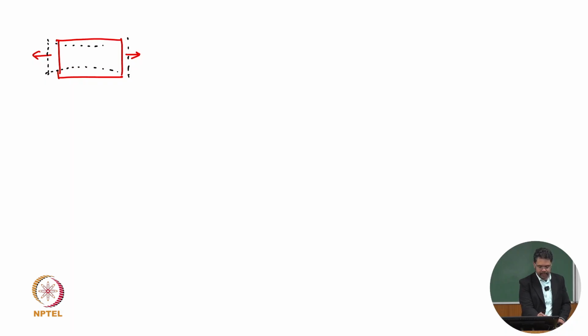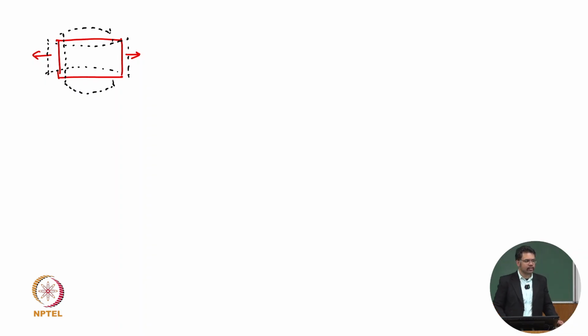Am I right? Yes. That is the case when your material has a positive Poisson ratio. You pull, and the side shrinks. Or vice versa, if you push the material here, the side will bulge out.